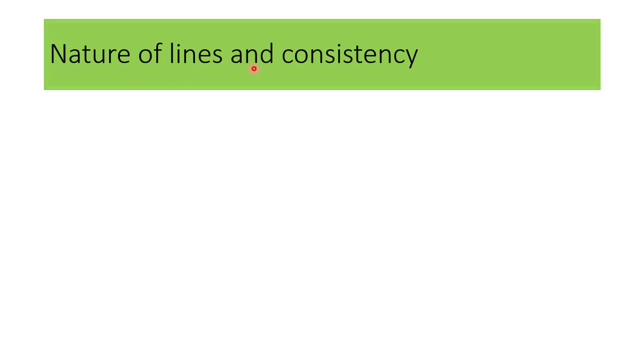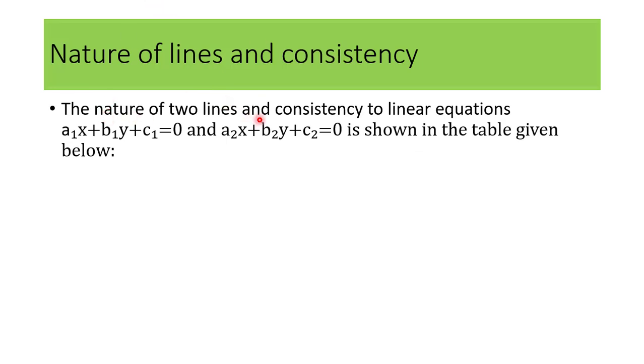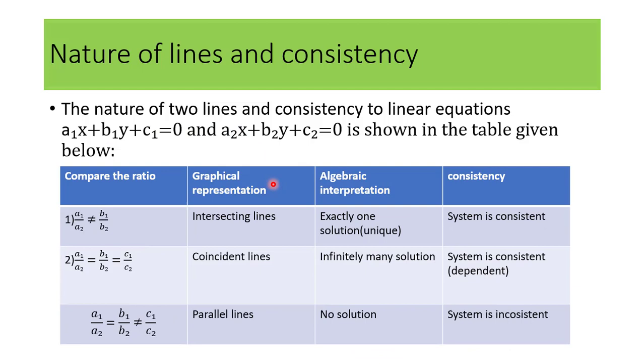Nature of lines and consistency. The nature of two lines and consistency, two linear equation a1x plus b1y plus c1 equals 0 and a2x plus b2y plus c2 equals 0 is shown in the table given below. If a1 upon a2 not equal b1 upon b2, then these are intersecting lines and exactly one solution, means unique solution.